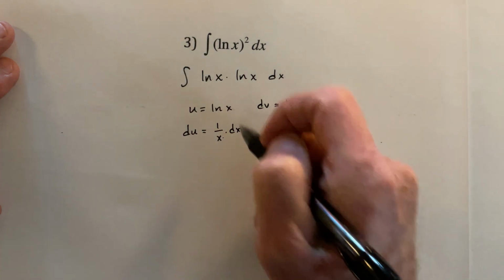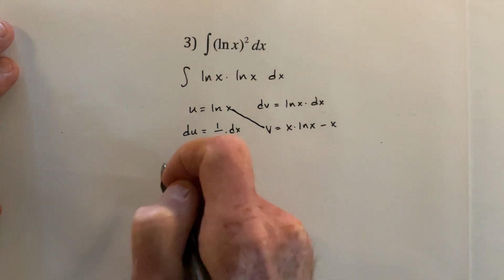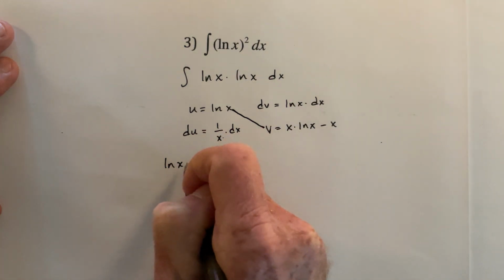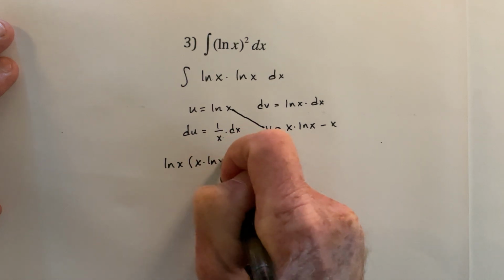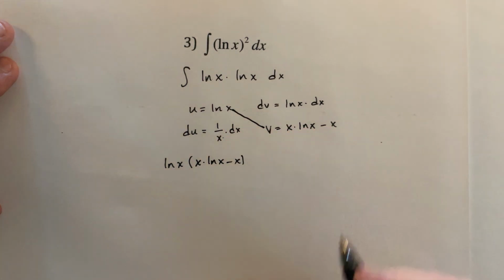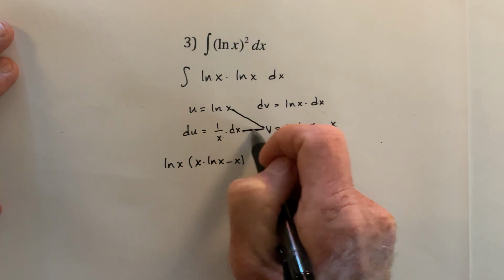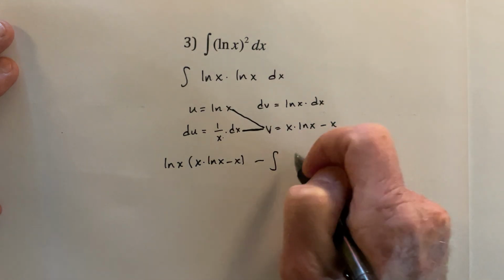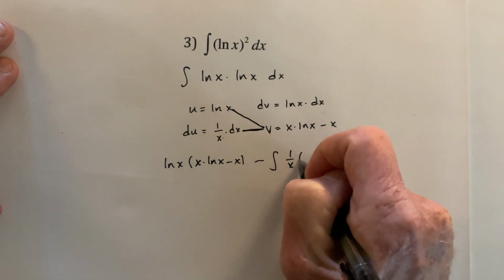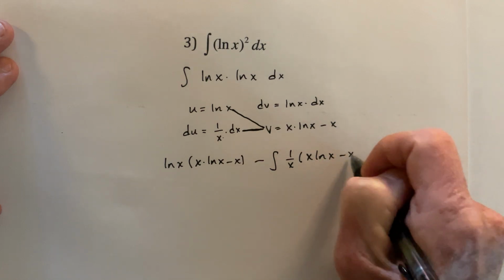And then the way that I remember the formula is that you multiply on this diagonal. So it's going to have the natural log of x times the x natural log of x minus x. And then you multiply the bottom row and say minus the integral, and now multiply 1 over x times x natural log of x minus x.